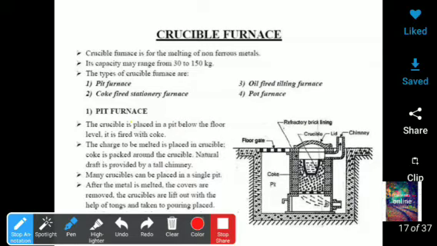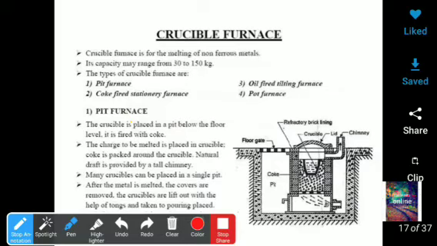And the next one is the pit furnace, which you can see on screen. According to this pit furnace, it is placed above the floor level, and it is fired with coke. Here also we are using coke as a fuel.